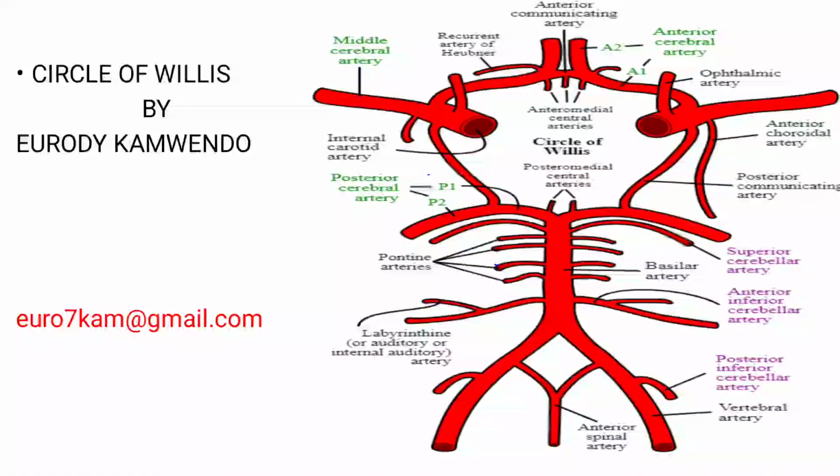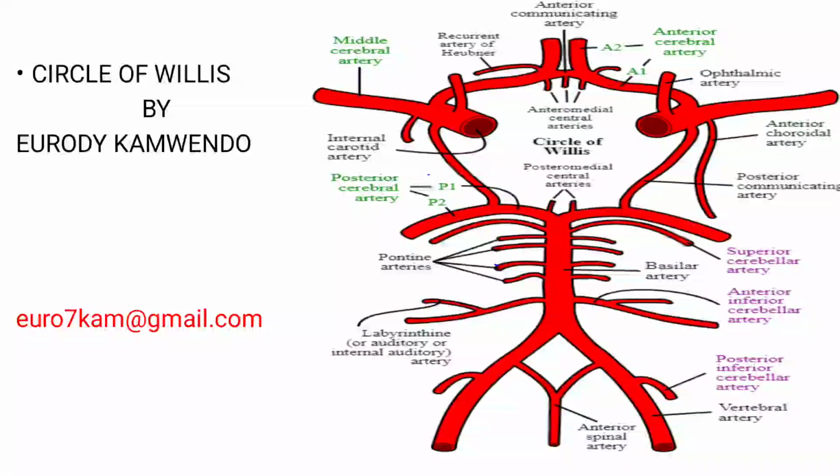Apart from that, a malfunctioning circle of Willis can also result in aneurysms, which often occur, particularly at the branching points, due to high blood pressure and of course blood flow changes.